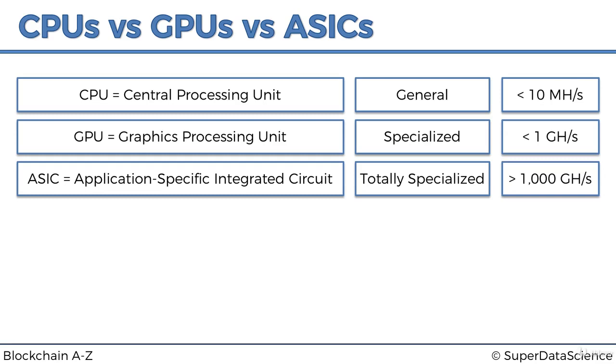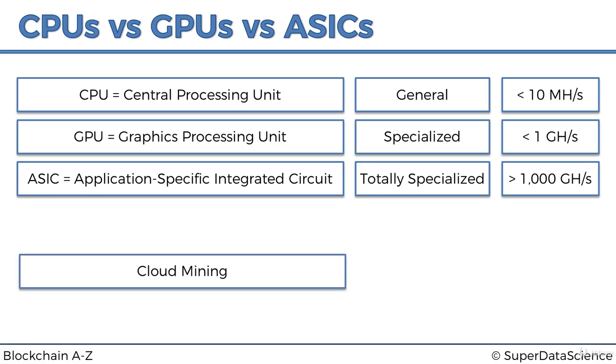So there we go. That's the three main types and the differences. As you can see, they get more specialized as we go down this ladder. While we're on the slide, I just wanted to mention one more thing. There's a type of mining called cloud mining, and that is when miners rent equipment off premises somewhere far away, and they pay a fee in order for that equipment to participate in mining on their behalf.